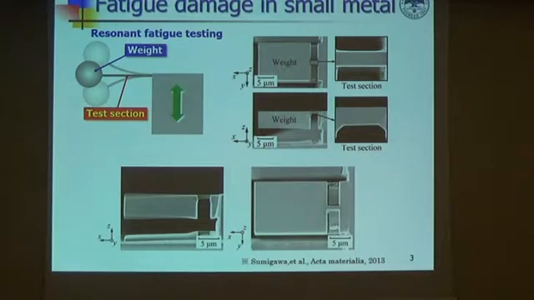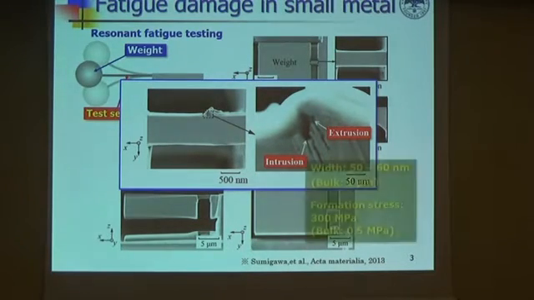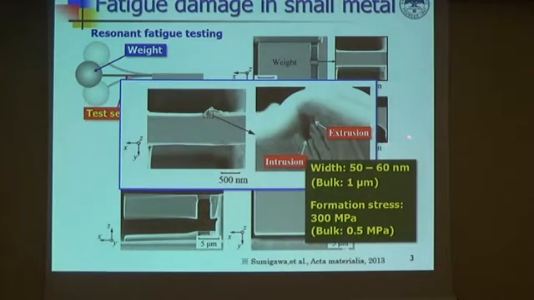In this experiment, we found characteristic fatigue damage, which was very similar to the PSB, but on the nanometer scale. And the formation stress was much higher than that of the counterparts. So this result indicated that very small material has a characteristic fatigue behavior.